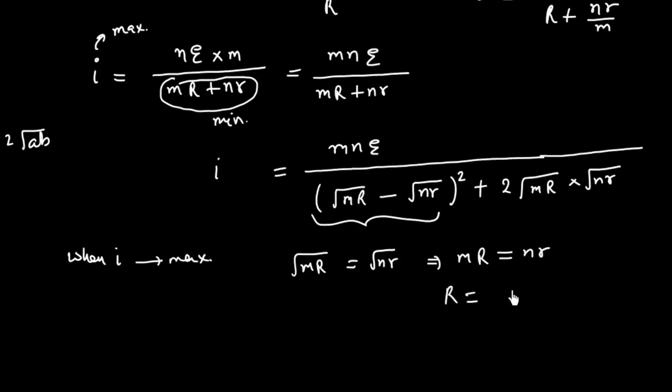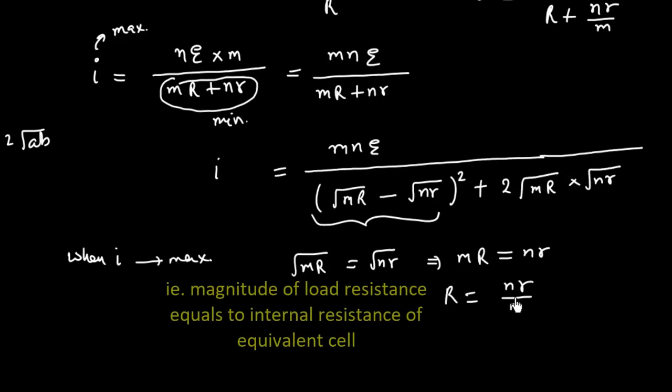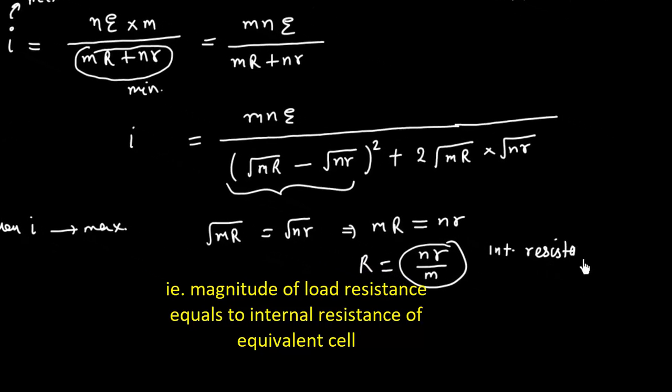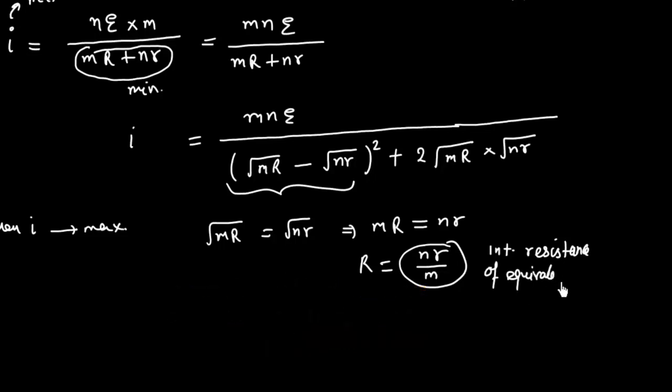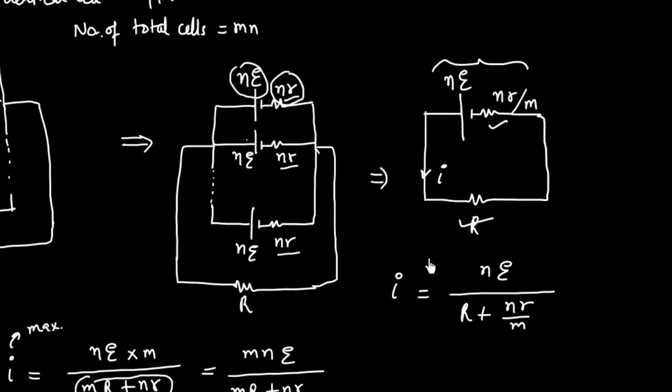So R = nR/m, and this is the internal resistance of the equivalent cell. So this current will be maximum when the external resistance is equal to the internal resistance.